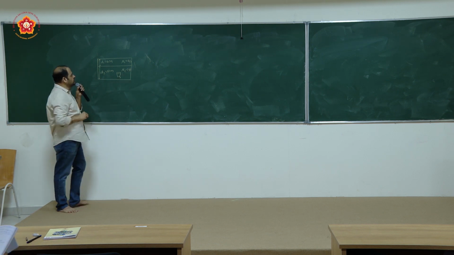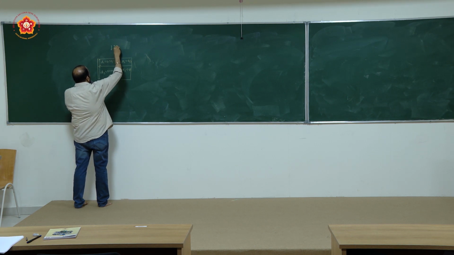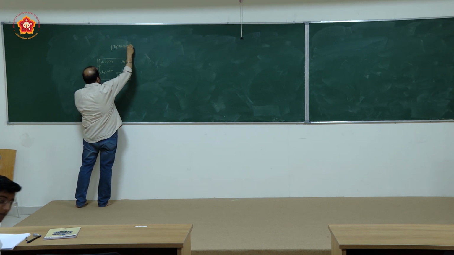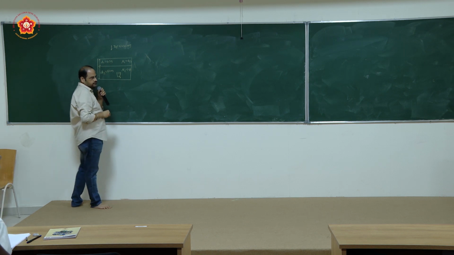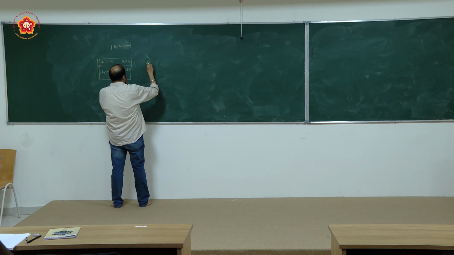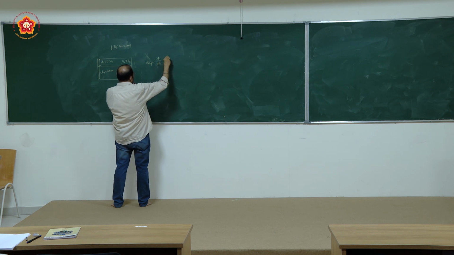Right? You are observing from the top. This is a top view. Viewing is done from the top, normal incidence. Then the bottom will appear shifted upward. For this we wrote the formula: D apparent will be equal to D1 upon mu1 plus D2 upon mu2.